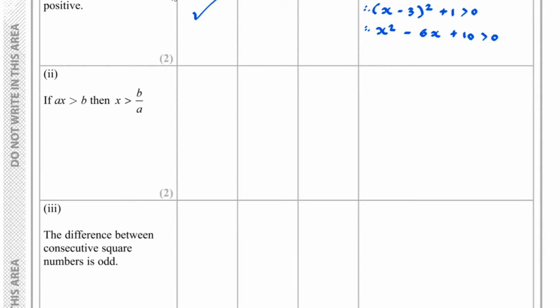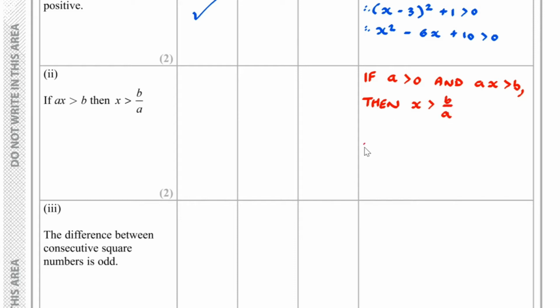Well, if over here a is greater than 0, and we've also got ax being greater than b, then if I divide through by a, because a is positive, x is greater than b over a.